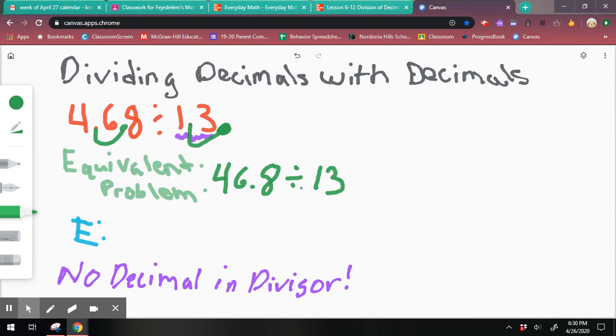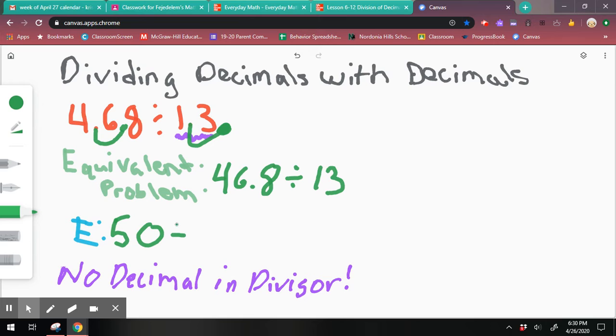So I can now take the equivalent problem and make an estimate. Remember, we are allowed to have decimals in our dividend. We just couldn't in our divisor. So even though there's a decimal still, that's okay. 46 and 8/10, I would say that's pretty close to 50.